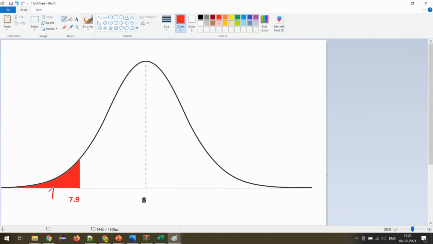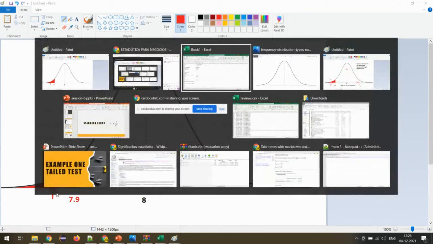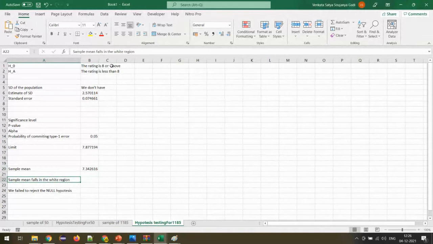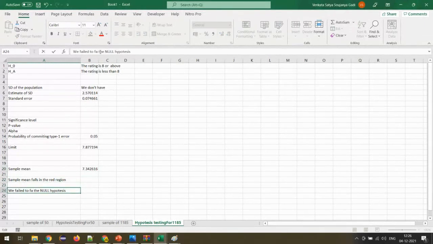Reject the null hypothesis, or fail to reject it? Reject. So here the sample mean falls in the red region, and we reject the null hypothesis, right?